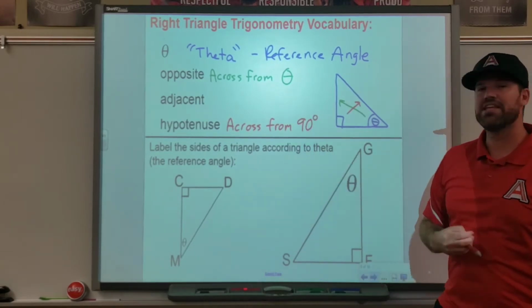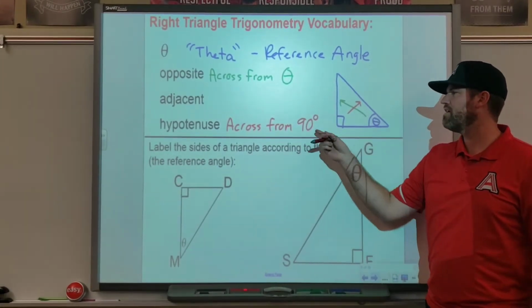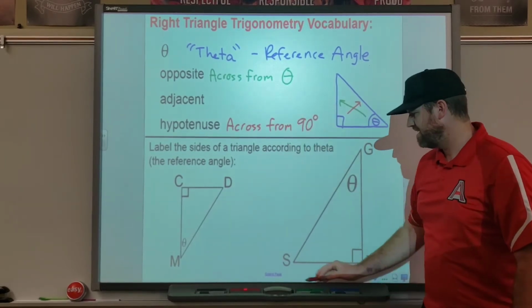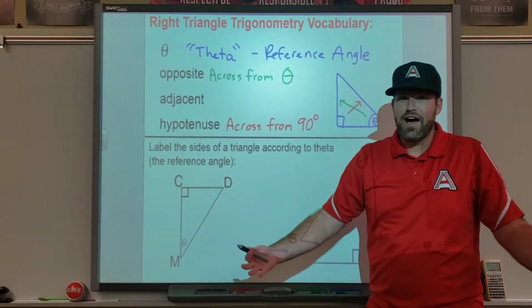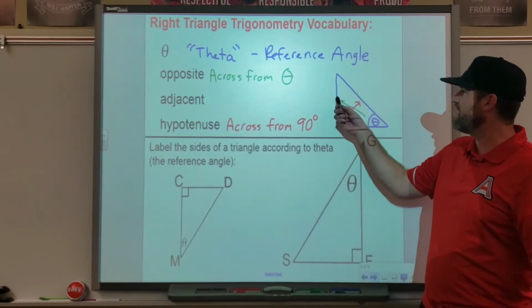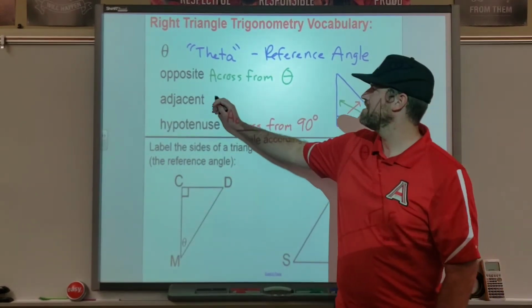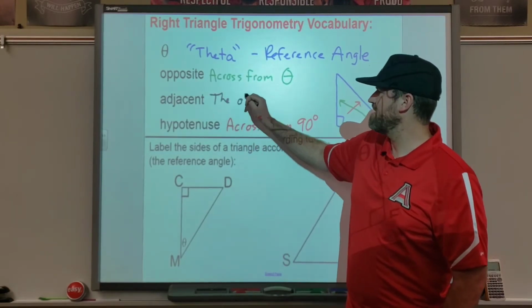So it's always the longest side. It's always across from the 90-degree angle, which means the adjacent side is the final side left, right? We've already got the opposite. We've got the hypotenuse. There's only one side left. It is the other side.